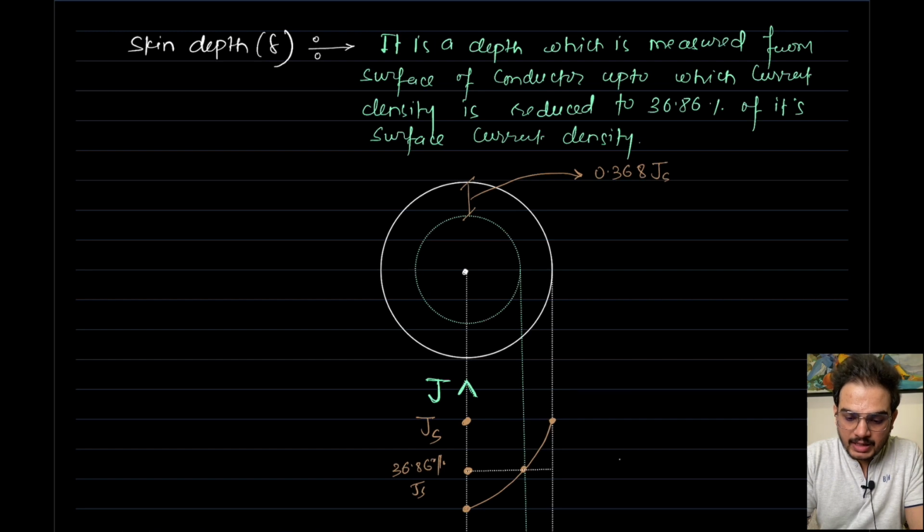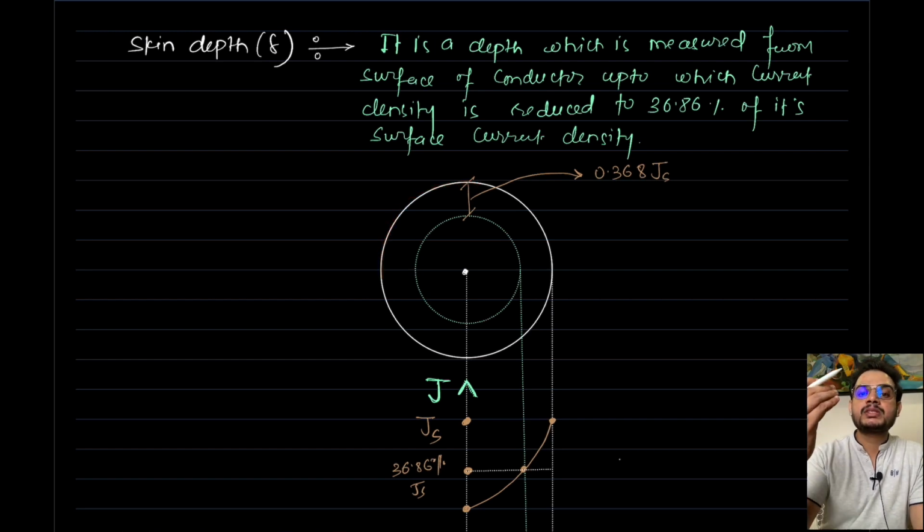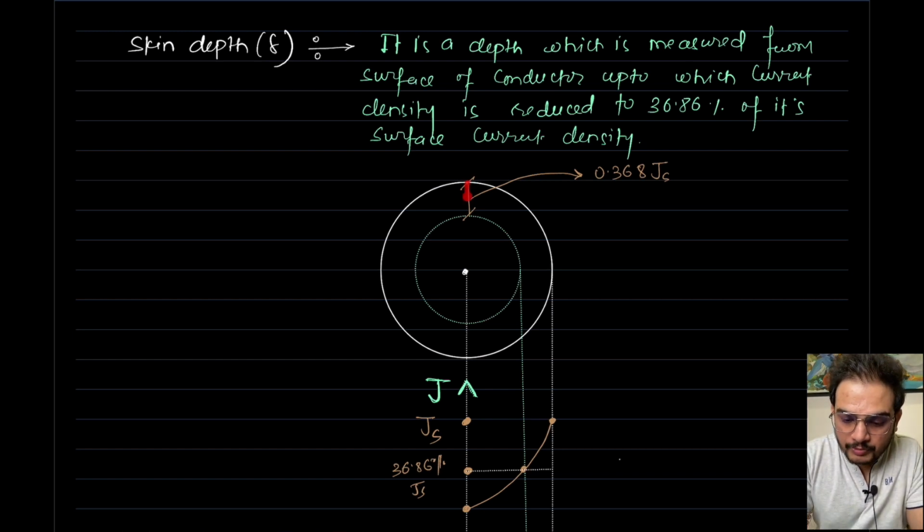At the surface, my current density is maximum. When I move from the surface to the center, as soon as my current density becomes 36.86% of the surface current density, then that depth is called skin depth.